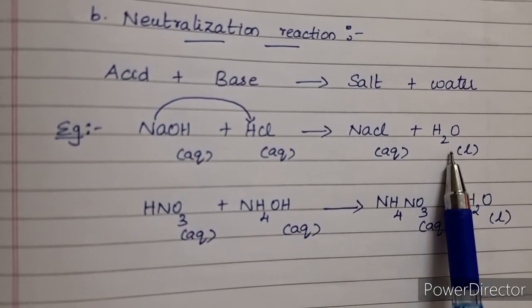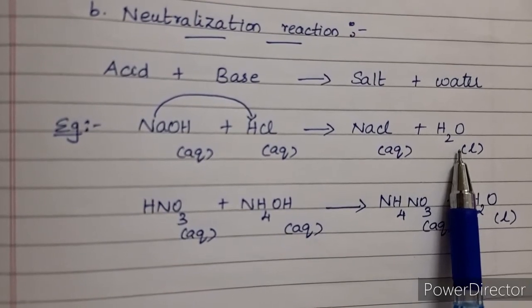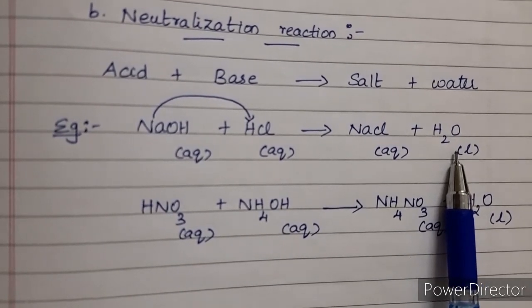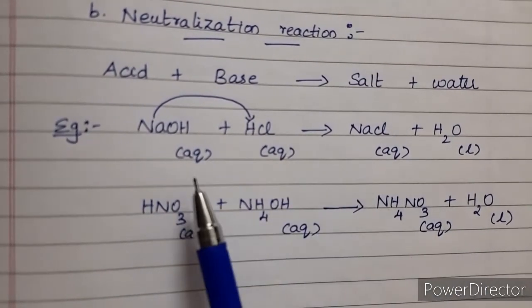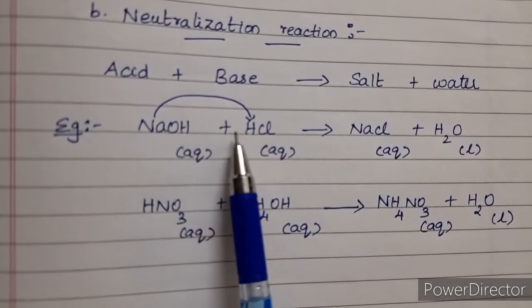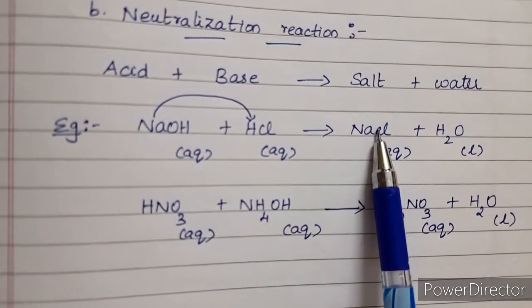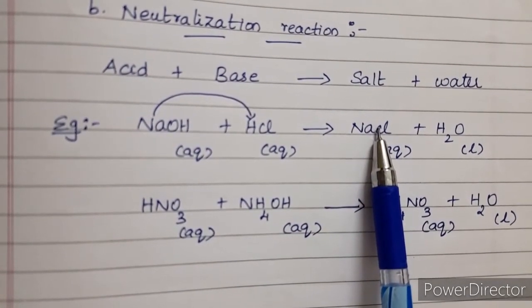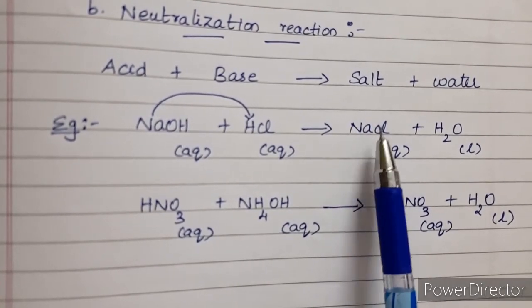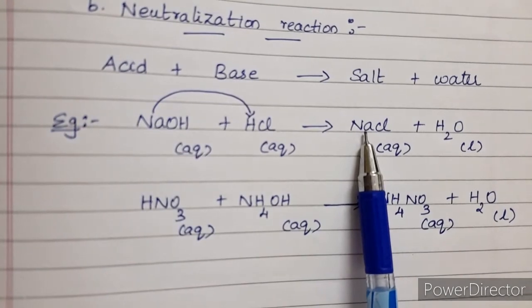Here one of the products is water, isn't it? So it is called a neutralization reaction. In the neutralization reaction, the sodium displaces hydrogen from hydrochloric acid, forming sodium chloride, and this is the neutral soluble salt, isn't it? So this is one example of a neutralization reaction.